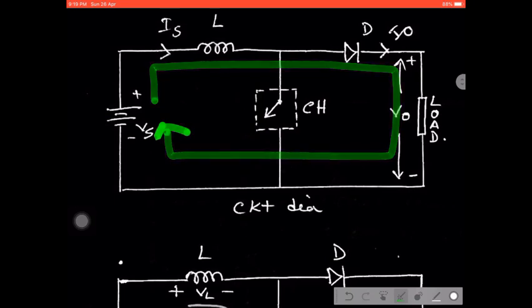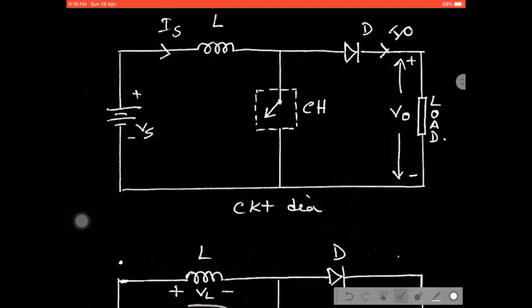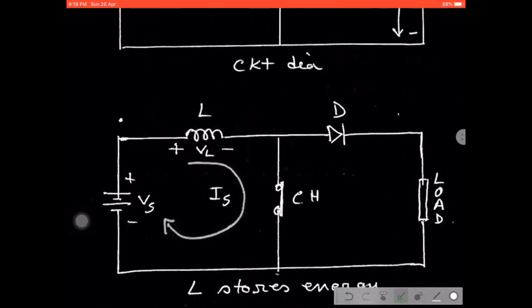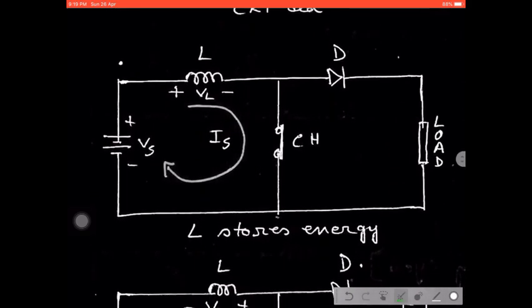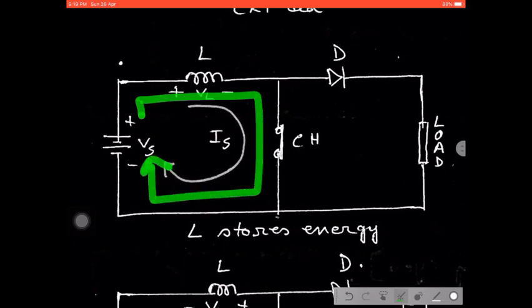Then what happens if we consider this type of 2 mode operation? So first circuit, here we declare the circuit for charging of the inductor when the switch remains closed. When the switch is closed, then the switch is behaving like a closed circuit. Then easily the current starts flowing through this circuit in this way.